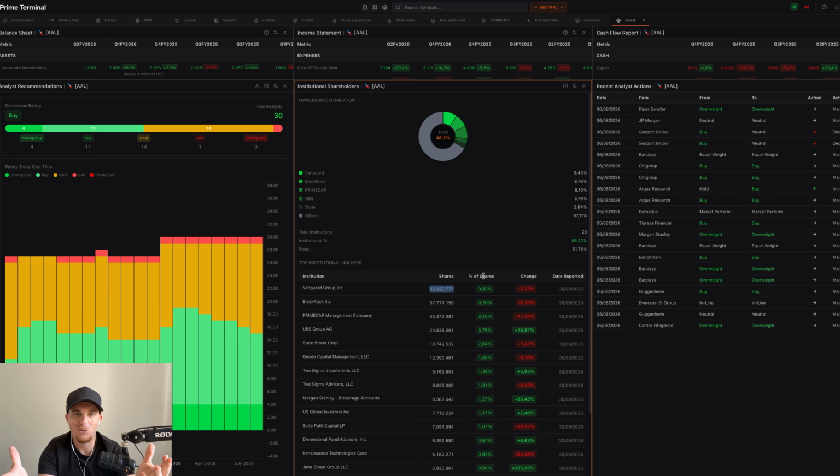Of course, you want to listen to what these people say, because you know that they are definitely at the top of the shareholders. They own close to 9% of total shares.